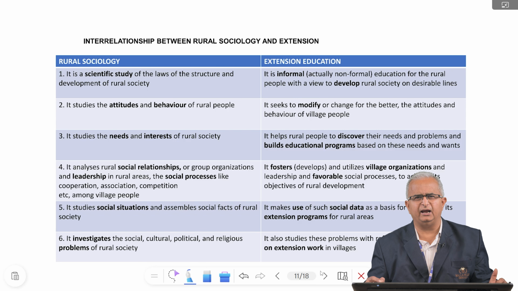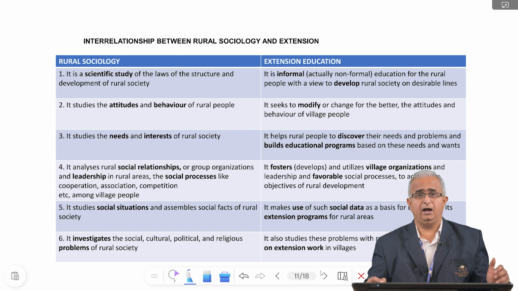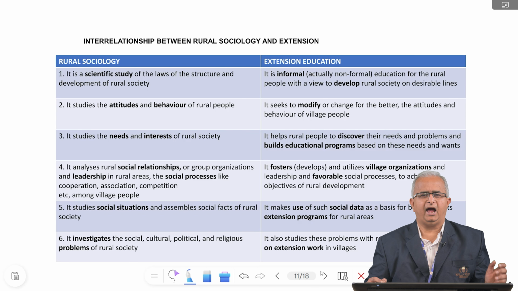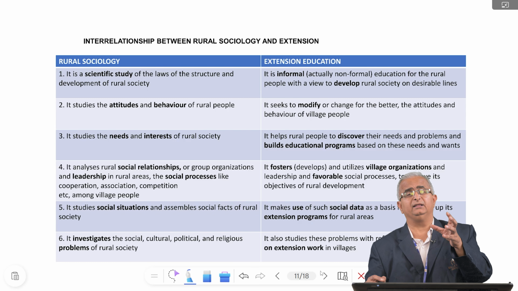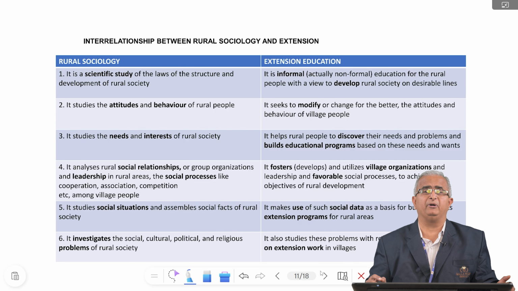And the social relationships also we study as a subject matter of rural sociology. And in extension education, we try to utilize them. We try to utilize the village organizations and their leadership for the development of the people. And social situations we study, and the data we collect in the villages, we try to utilize to build up extension programs for the benefit of the village people.